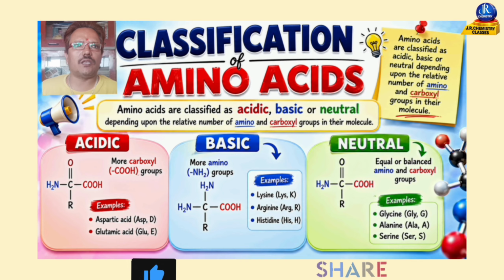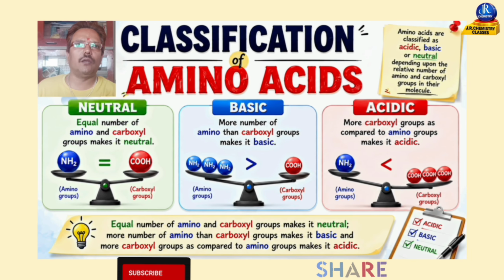Amino acids are classified as acidic, basic, or neutral depending upon the relative number of amino and carboxylic groups in their molecule. Equal number of amino and carboxylic groups makes it neutral.